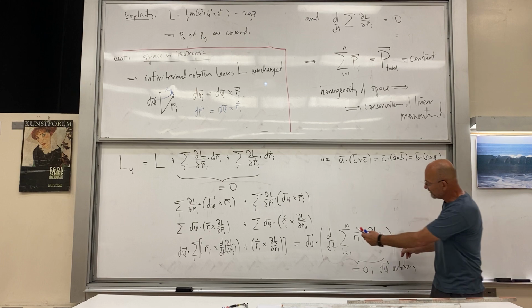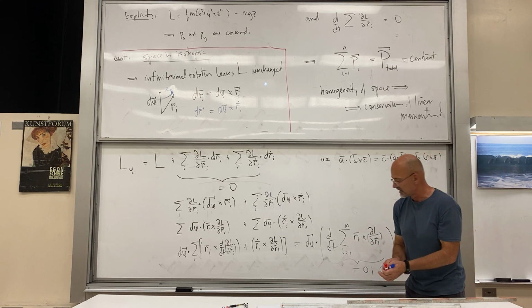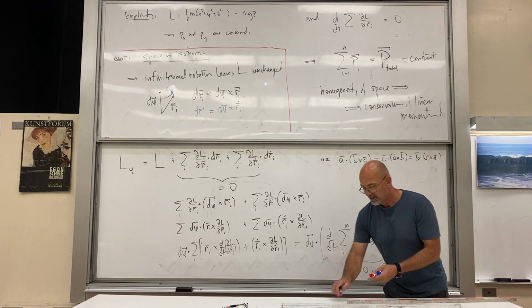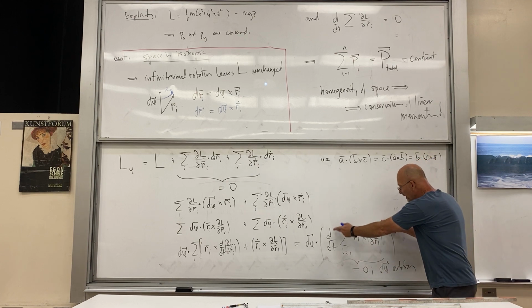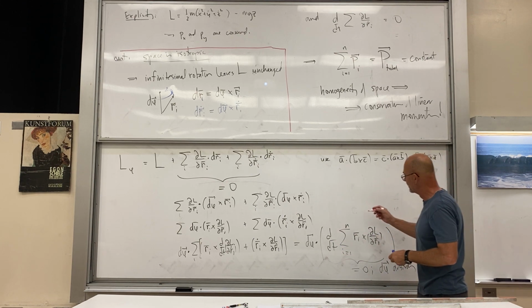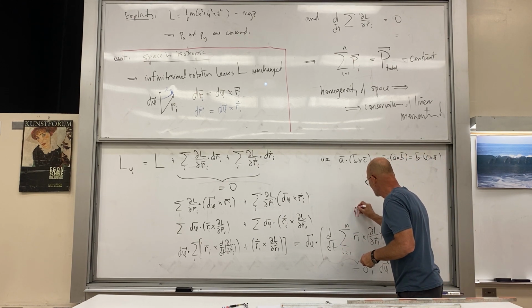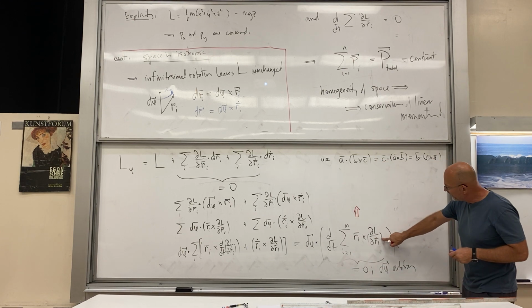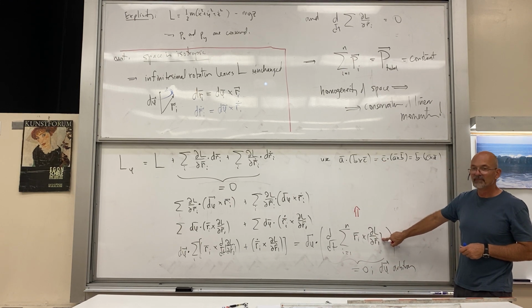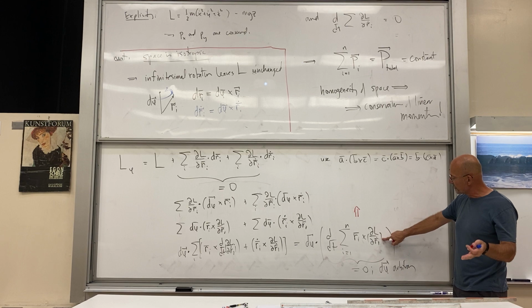And if this whole thing vanishes, this is fantastic, then the sum is conserved. And I'll do one more thing. This is the linear momentum in Cartesian coordinates. A generalized momentum, but in Cartesian coordinates, a linear momentum.